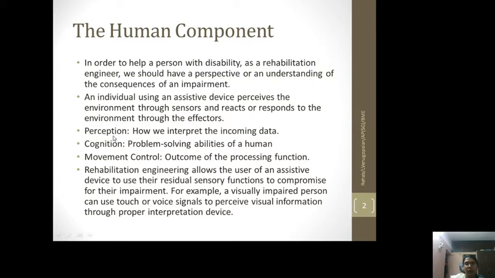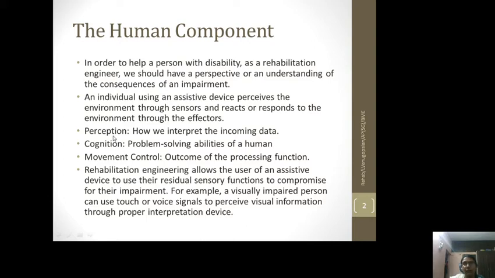So, an individual using an assist device would perceive the environment, that is his or her surroundings, through the senses and react or respond to the environment through effectors. So what does that mean? Sensory input means perception, which is the ability to interpret the incoming data.